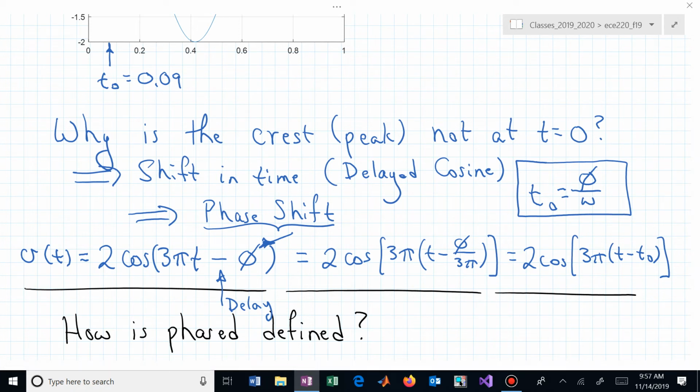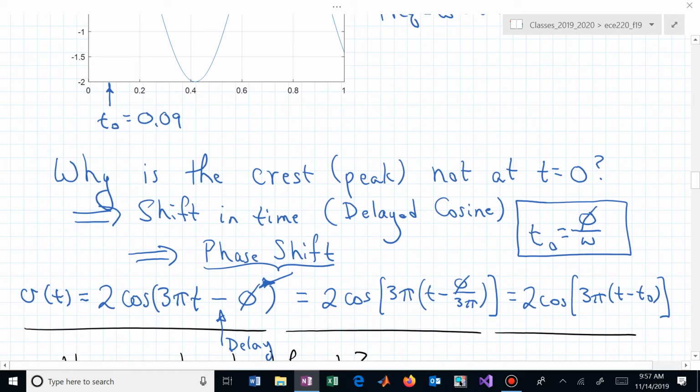Let's see what that looks like for this particular delay of 0.09. This is now phi over omega, and we've already found our omega. That was 3 pi. We can now solve that for phi. Phi is now 3 times 0.09 times pi. And now I can see that my eyes were not as effective as they should have been.